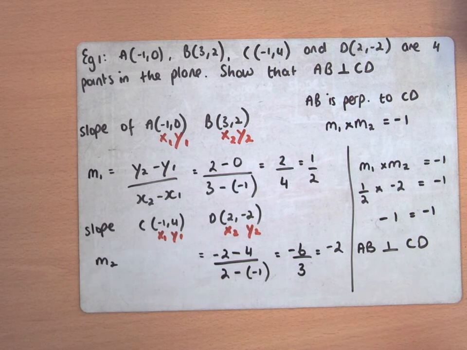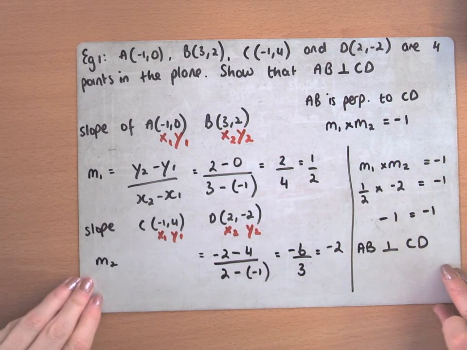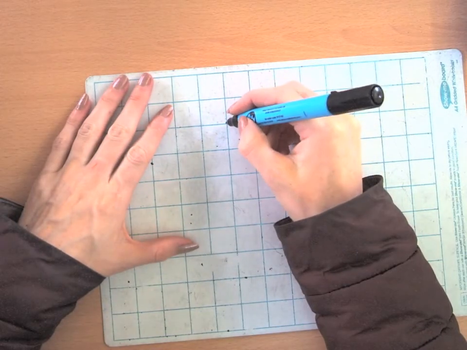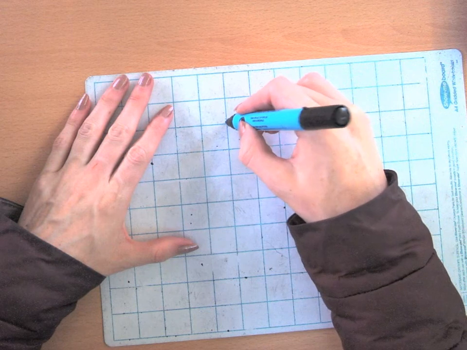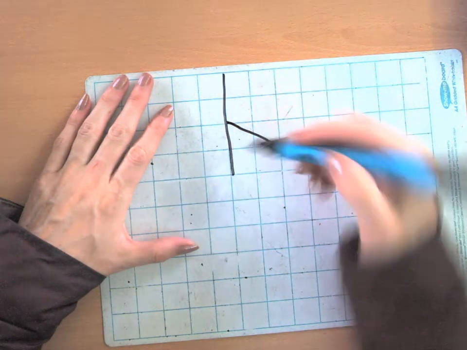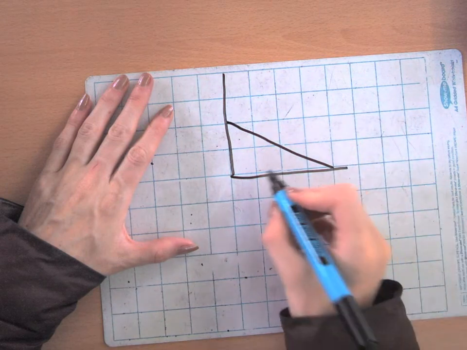Okay, is that alright? One last thing I just want to show you, you don't need to take it down. It's just for getting slopes using your diagram. Okay, so for example, let's say my line was like that.